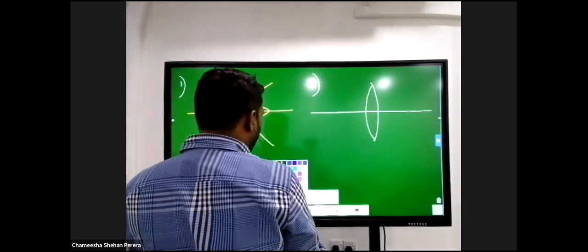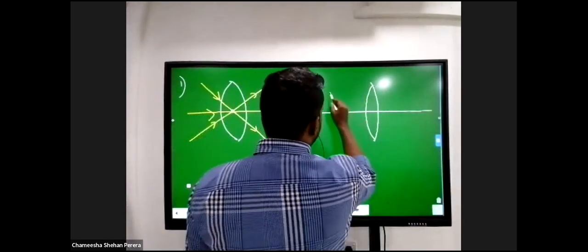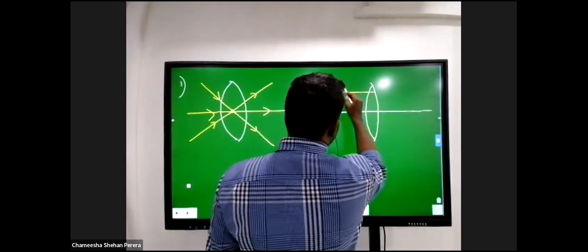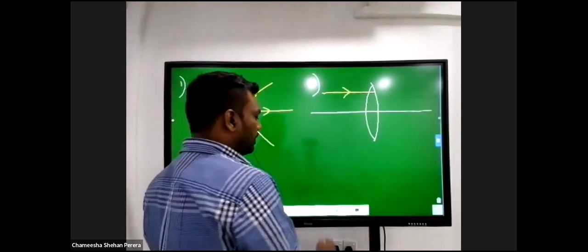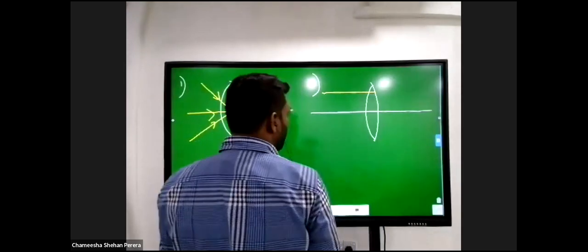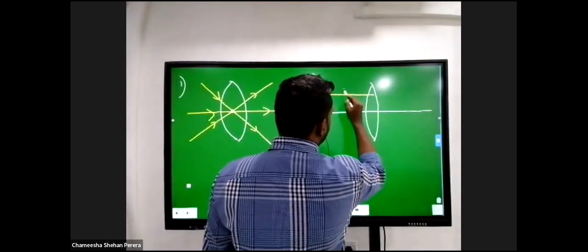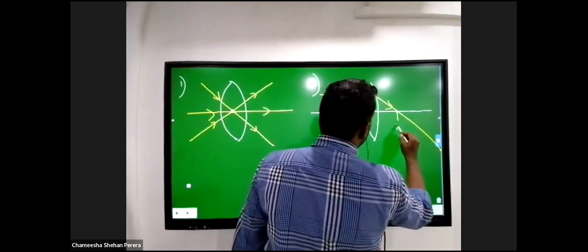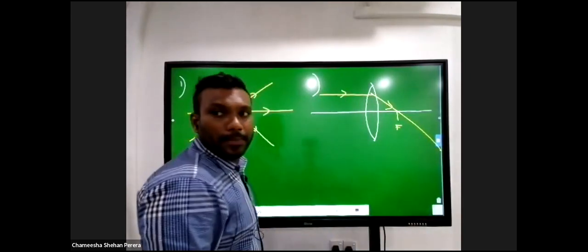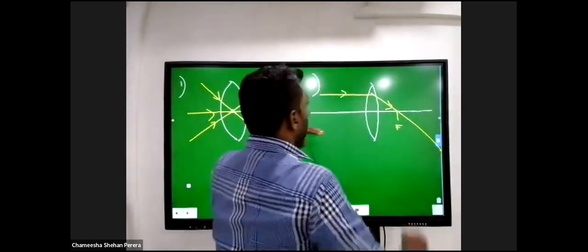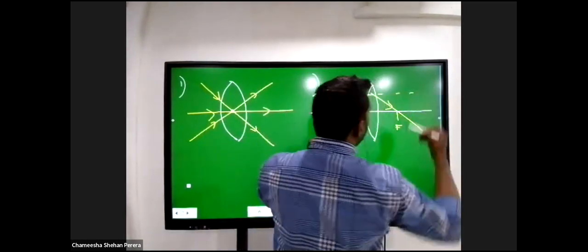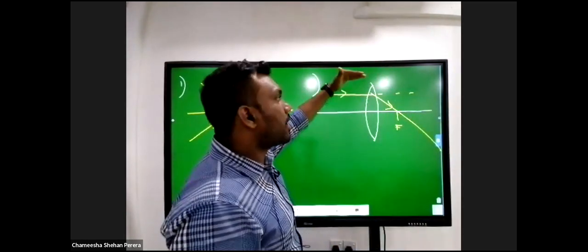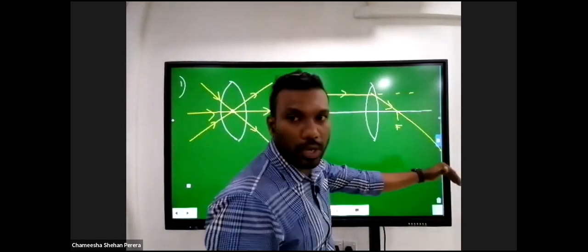If this light ray travels parallel to the principal axis, the light ray goes to the focal point. Now it gets refracted. It was to travel on this pathway, but it has changed the direction of its travel, and then it has gone through the focal point.